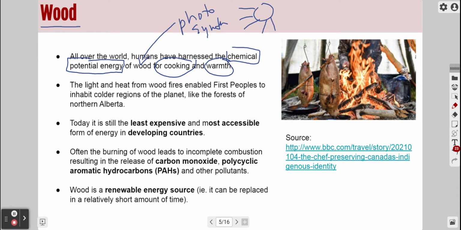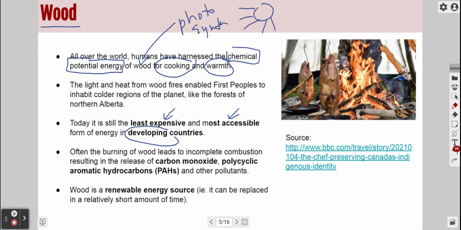The light and heat from wood fires enabled First Peoples and others to inhabit colder regions on the planet, like those forests in northern Alberta. Still today, in most developing countries, it's the least expensive and most accessible form of energy, so it's very widely used around the world.